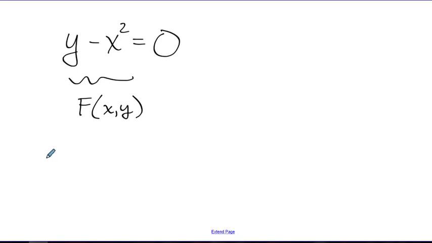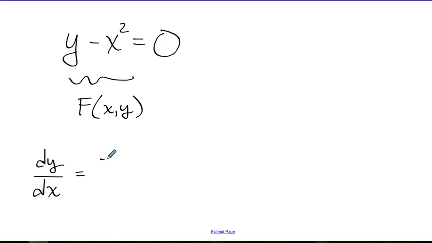The technique is to find the derivative of one variable with respect to the other, as long as I've found this multivariable function equal to a constant. So if you bring everything over to one side, you'll have it equal to the constant 0. That's all you need to do to create this f.